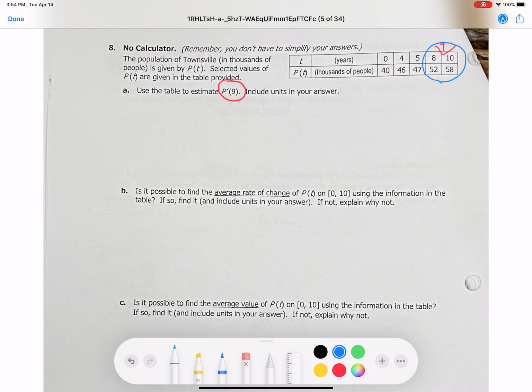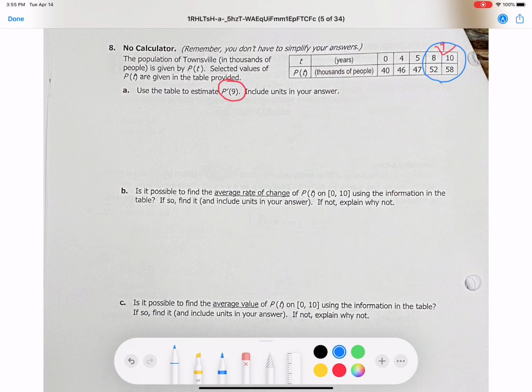So P prime of 9 means the instantaneous rate of change of this function, the population function of Townville, in thousands of people per year, right? Instantaneous rate of change means the slope of the tangent line. But we cannot find that tangent line slope because we don't have a function equation here.